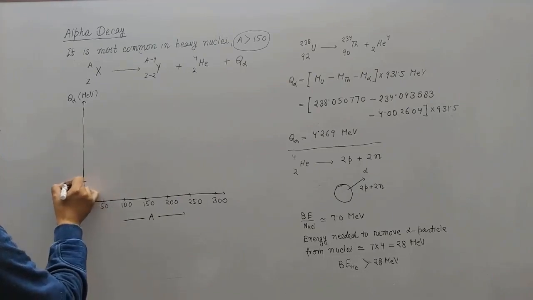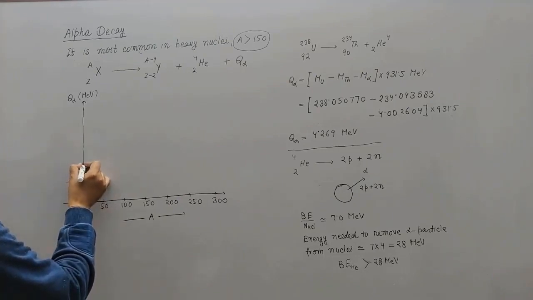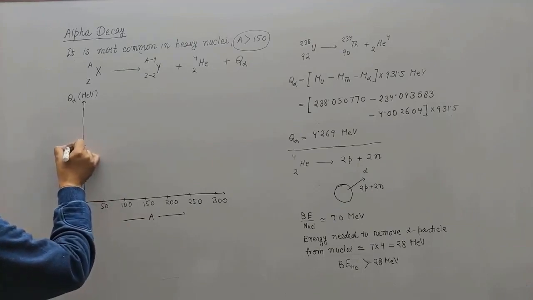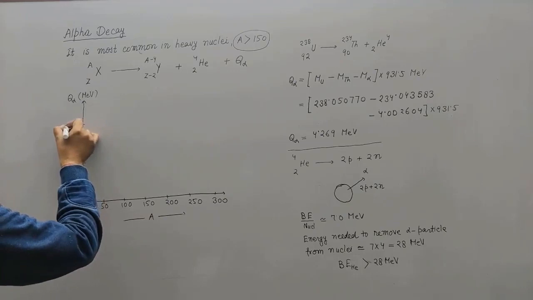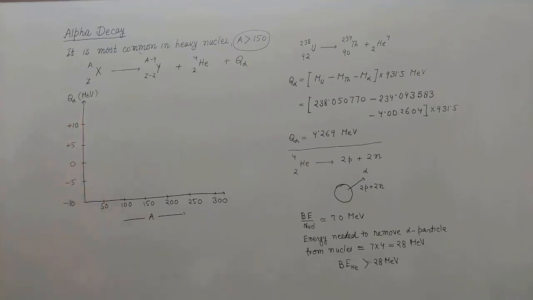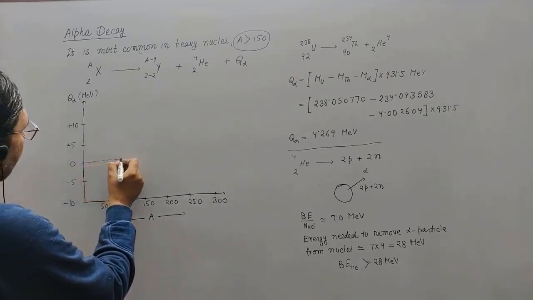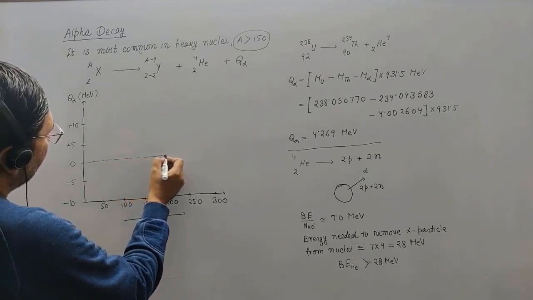Then this will be minus 5. This will be 0. This will be plus 5. This will be plus 10. This will be plus 10 or 15. We can go up to 15. Now we draw a horizontal line here corresponding to Q alpha 0.